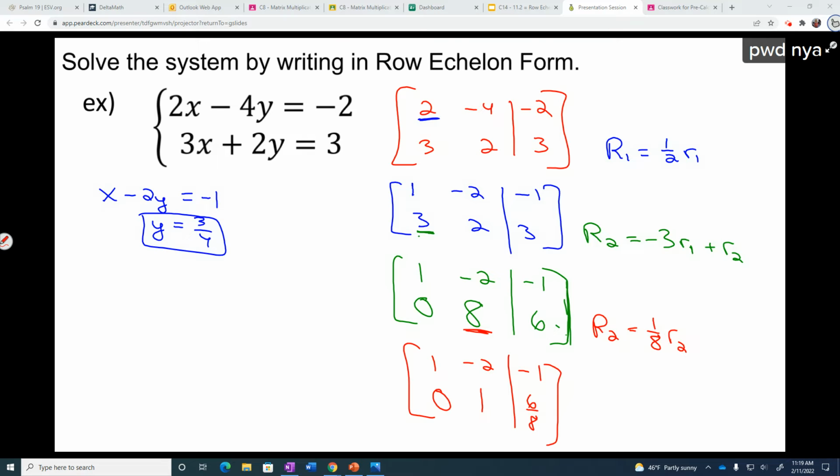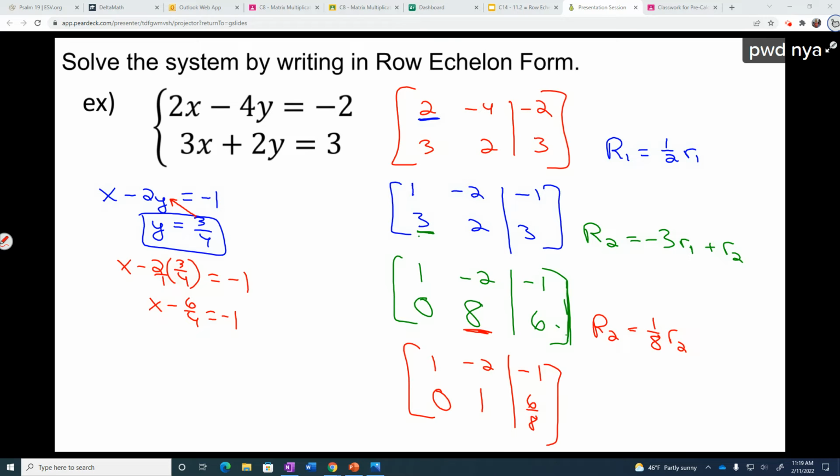Now we take y and plug it into the other equation. x minus 2 times 3/4 is negative 1. We've got a solvable equation here. Multiply straight across: x minus 6/4 equals negative 1.